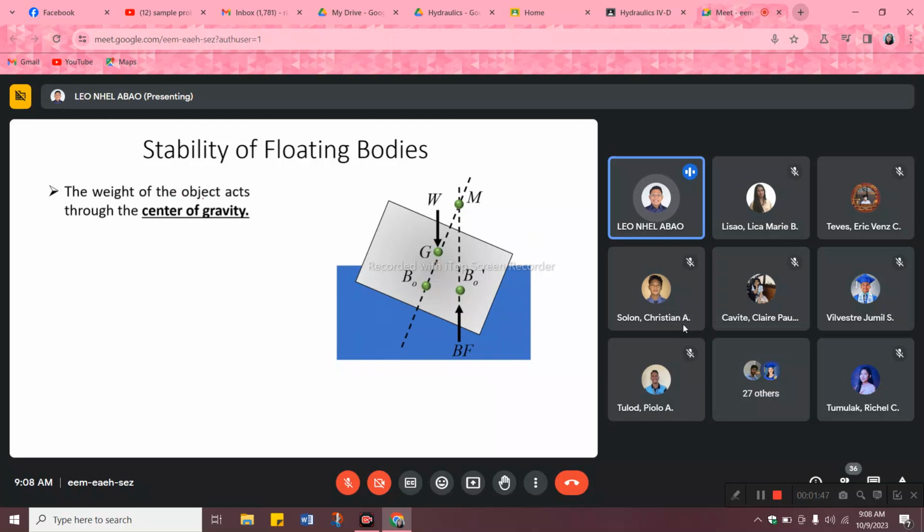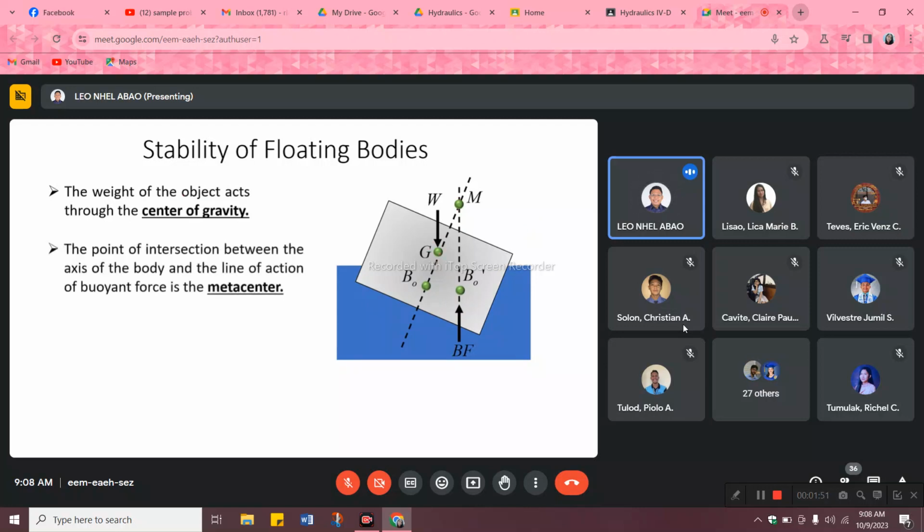The weight of the object acts at the center of gravity. The point of intersection between the axis of the body and the line of action of the buoyant force is what we call the metacenter. This is what we call the metacenter. The distance between the center of gravity and the metacenter is what we call the metacentric height.